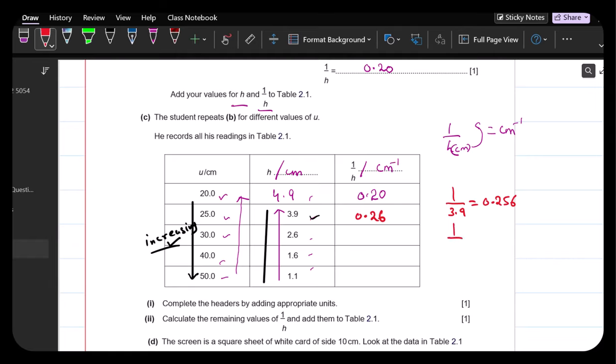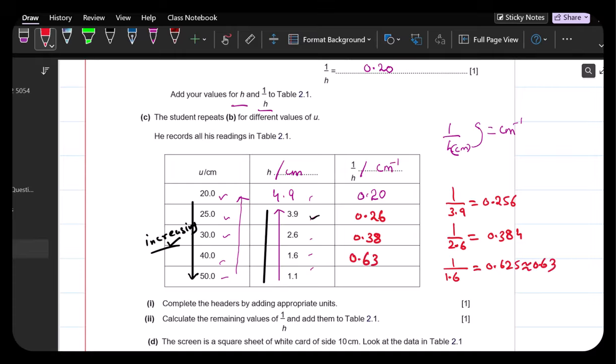Then 1 divided by 2.6, if I calculate this, it is 0.384, so I will be writing 0.38. Then 1 divided by 1.6 comes out 0.625, which is approximately 0.63.